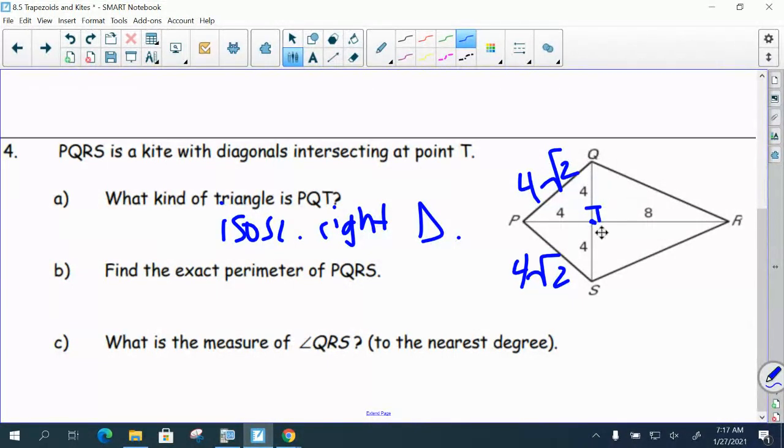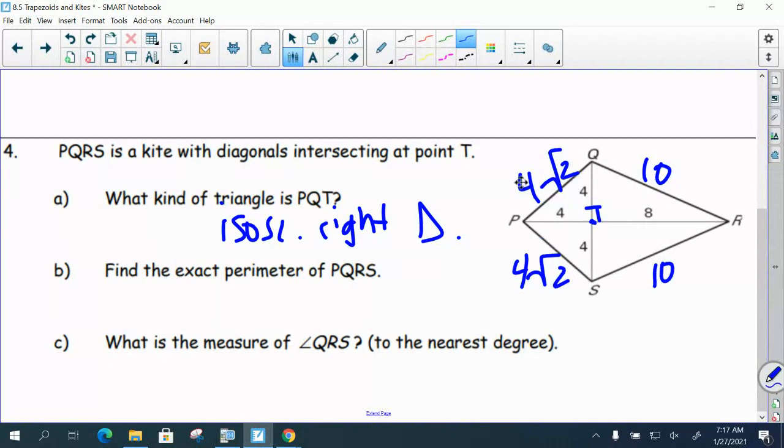And then for these two triangles, 4 and 8 are two sides of a Pythagorean triple, sorry. So a 3, 4, 5 triangle is also a 6, 8, 10 triangle. Or you could just do the Pythagorean theorem if you didn't remember that.